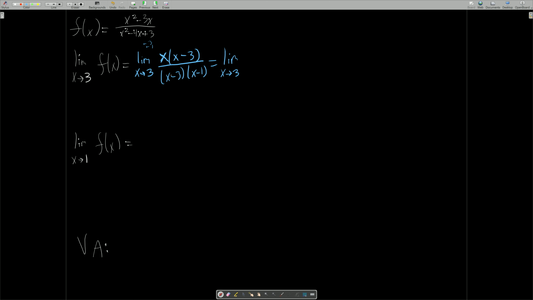You'll see x minus 3 on the top and the bottom, so these can cancel out. You're left with the limit as x approaches 3 of x over x minus 1. Now you can plug in 3 for x. You get 3 over 3 minus 1, which is 3/2.